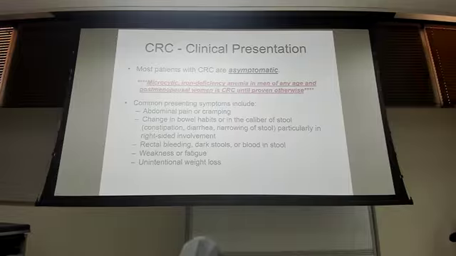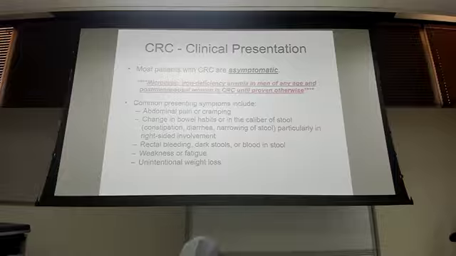Particularly if that's right-sided, will they have the bowel habit change and the caliber change, i.e. now we got constipation or diarrhea, or we have narrowing of the stool. Rectal bleeding, dark stools, blood in the stool, obviously of concern for your patient. They will come in and say they have those symptoms, and that's when you're going to do your fecal occult or refer them out for a colonoscopy.